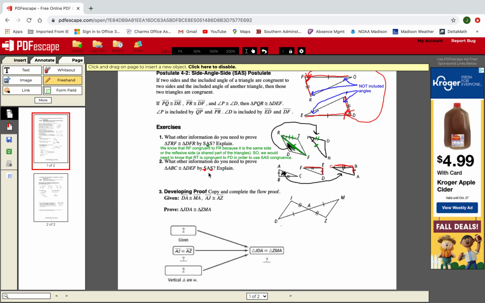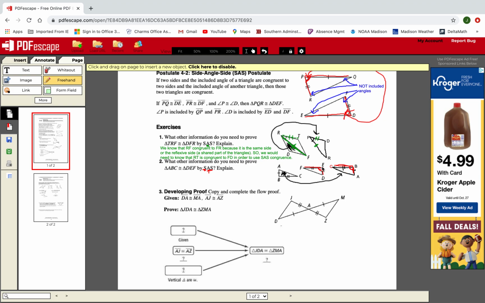So the other piece of information that we need is a pair of angles, and they have to be the included angles. So it has to be the angle that those two sides that have the congruent marks create, that they come together to form, okay?